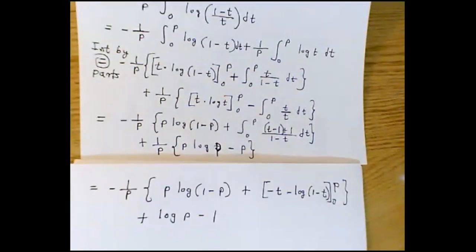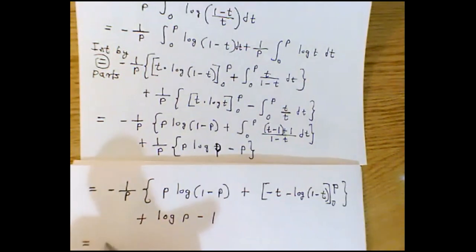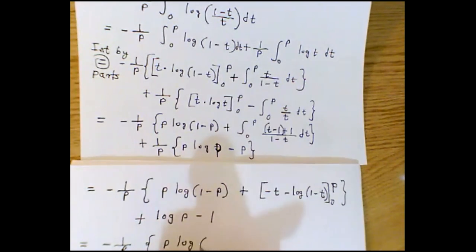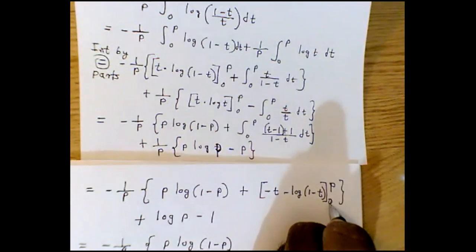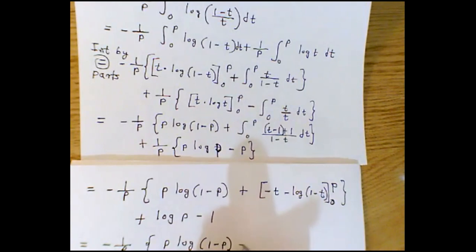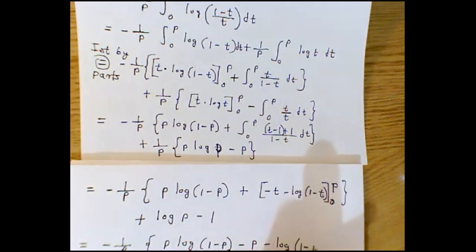All right, guys, now let's complete this. So this is going to be minus 1 over p times p log of 1 minus p. The limit at p is minus p minus log of 1 minus p.